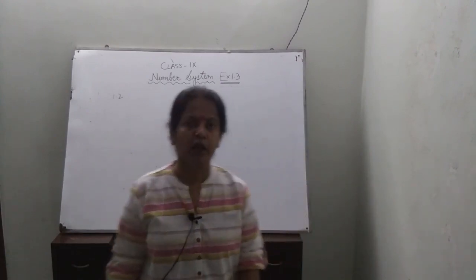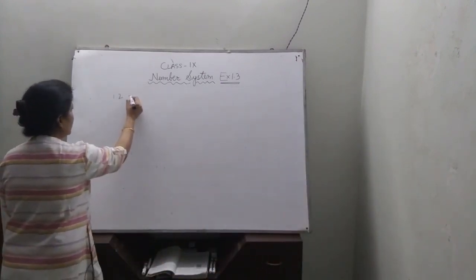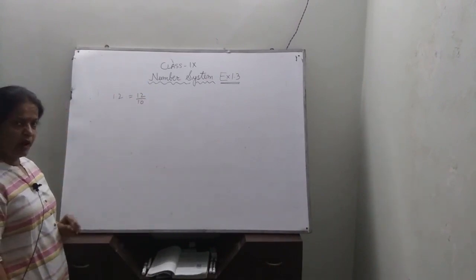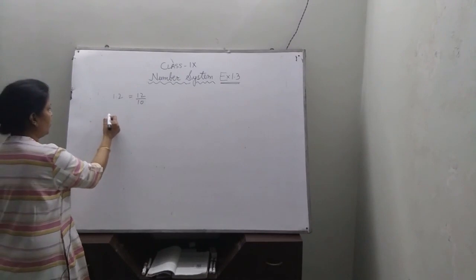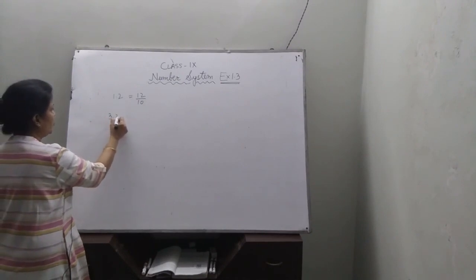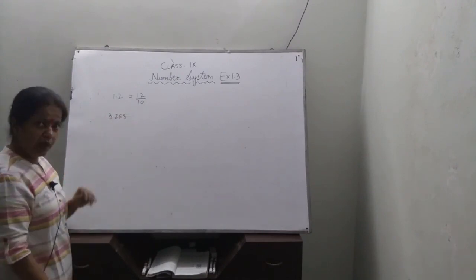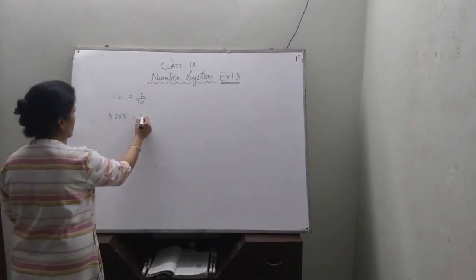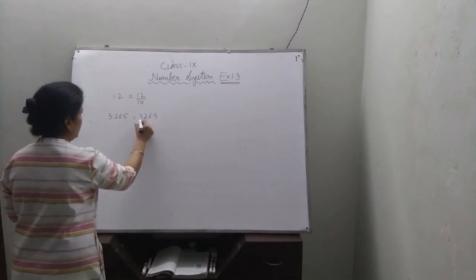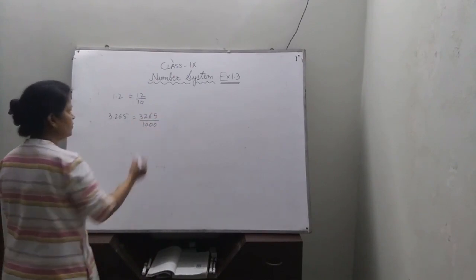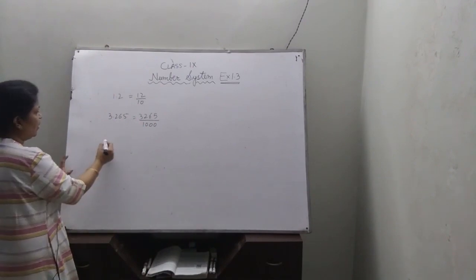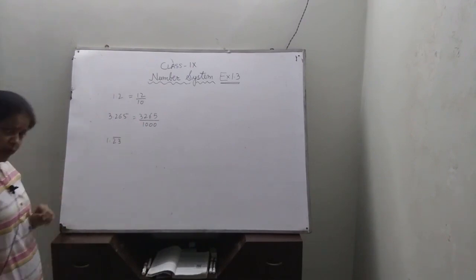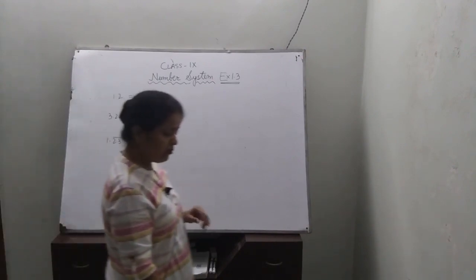Yes, we can convert it. We can write it as 12 upon 10. So this is a rational number. Take one more example, 3.265. Can we write it in rational form? Yes, we can write it like this upon 1000. Now tell me, if the number is like this, can we write it in a rational form?